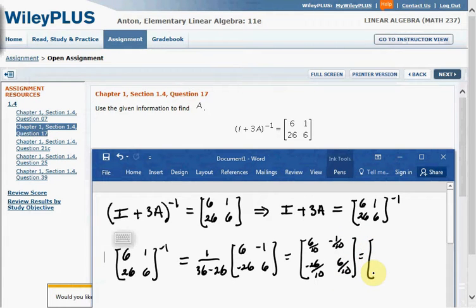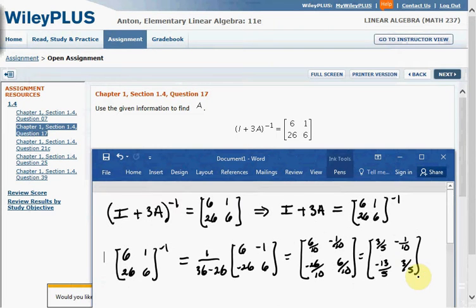Simplify them, and so this gives us, thinking about the denominator, 3/5, negative 1 over 10, negative 13 over 5, and then 3/5.